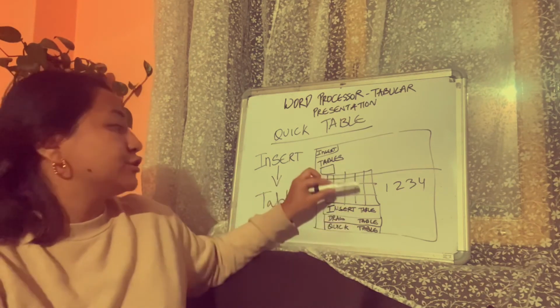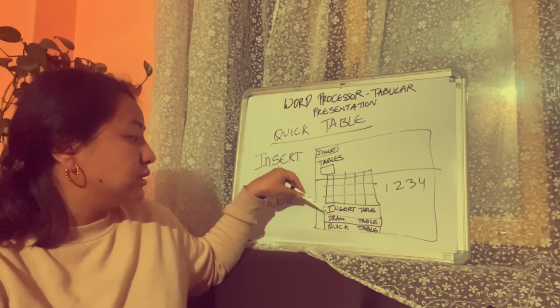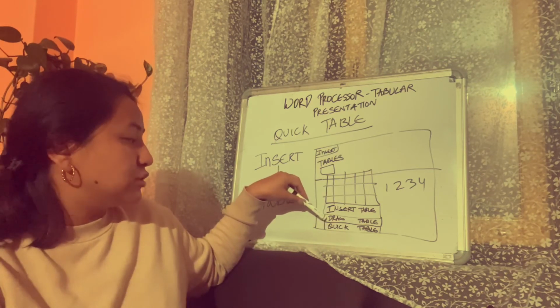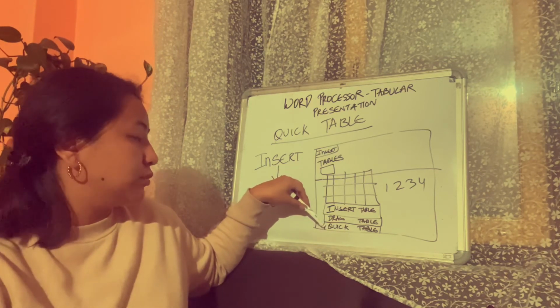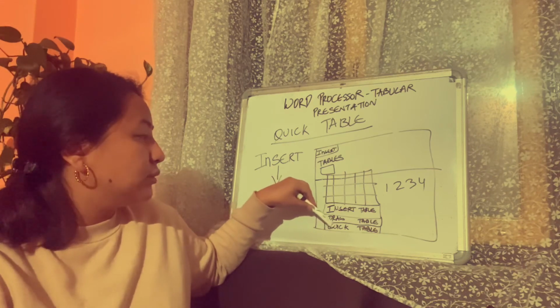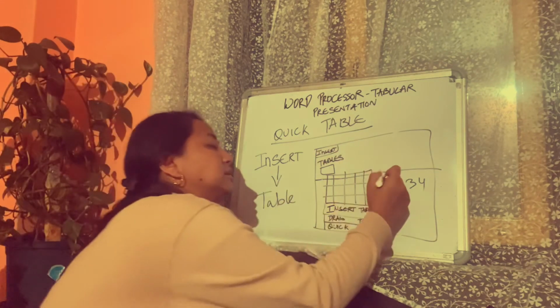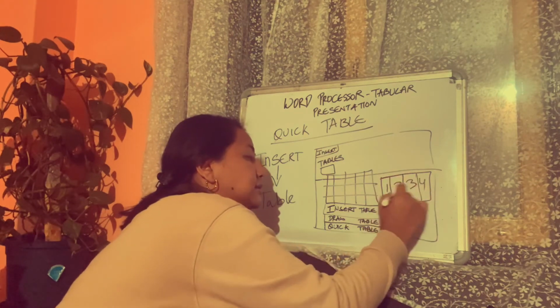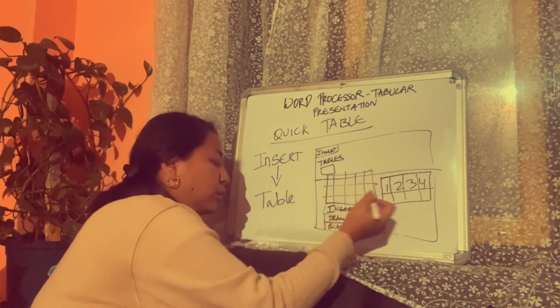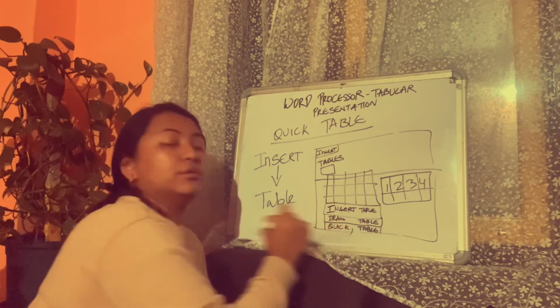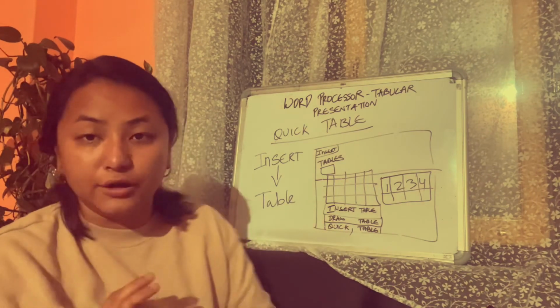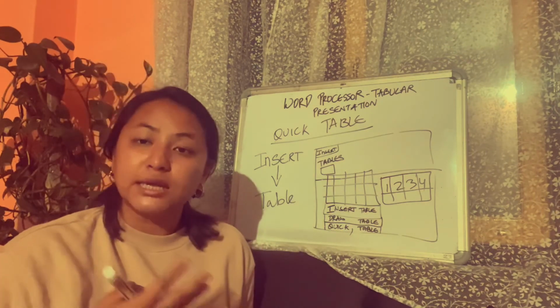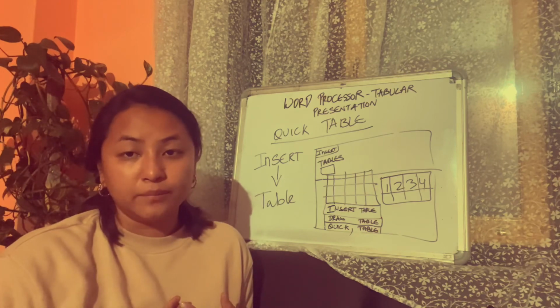Here you have the first option as grid, second as insert table, third as draw table, fourth as quick table. If you click quick table, the table will automatically appear here where you had clicked. So these are your four different ways of creating a table in MS Word. Thank you.